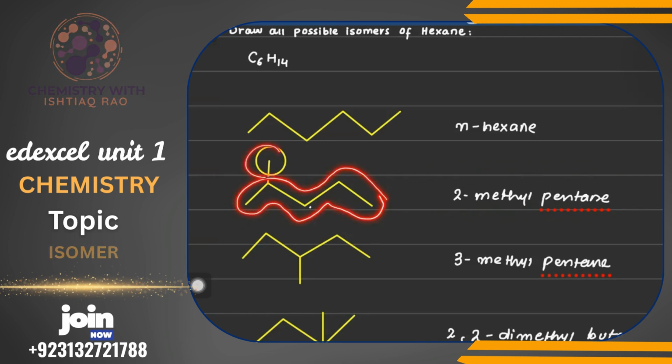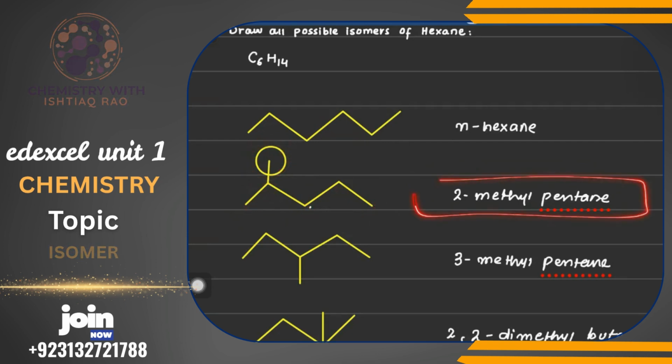After selecting, I came to know this is the branch. Then I number the carbon atoms 1, 2, 3, 4, 5. The branch is present at the second carbon atom, so it's going to be 2-methyl pentane.